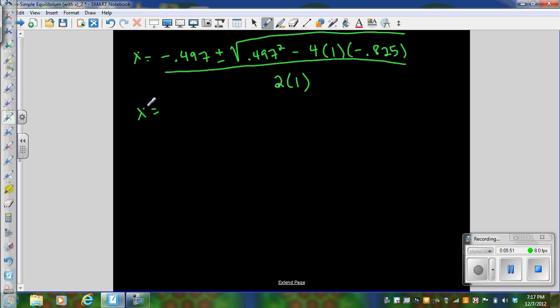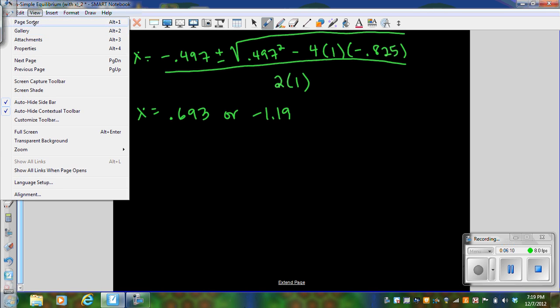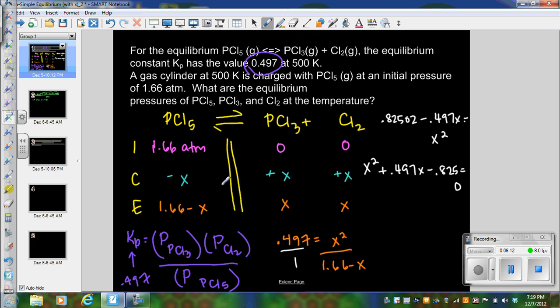X is going to be equal to, okay, so we get 0.693 or a negative 1.19 for X. So we're going to go back and substitute X into those.